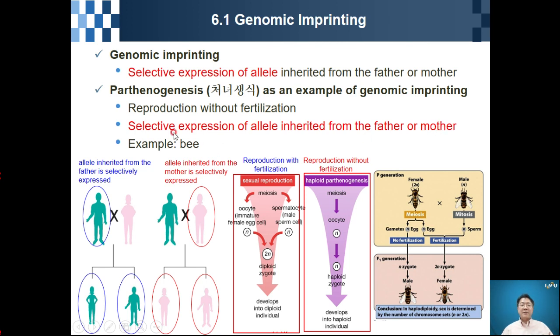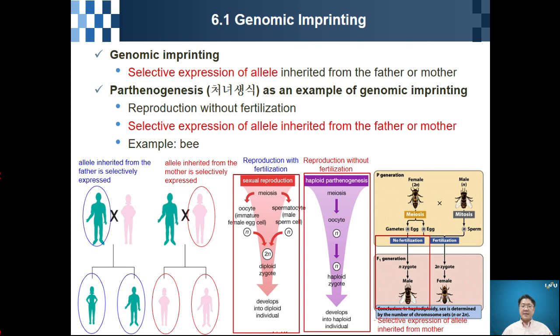This parthenogenesis occurs in bees. For example, female bees make the egg after meiosis. This egg can develop into the haploid zygote. Without fertilization, this egg will become the male bee.